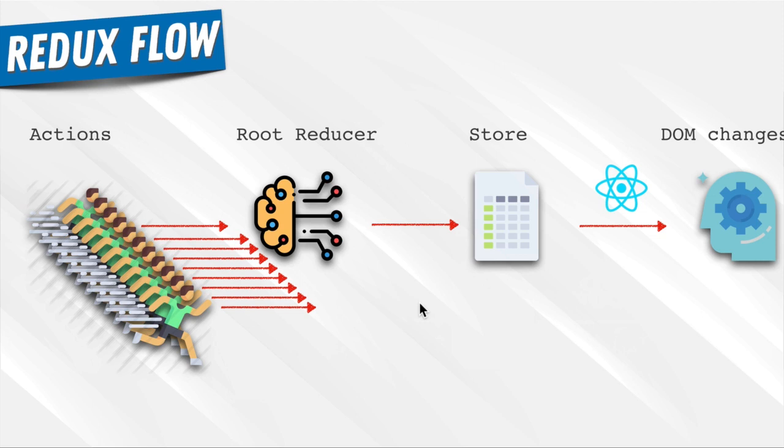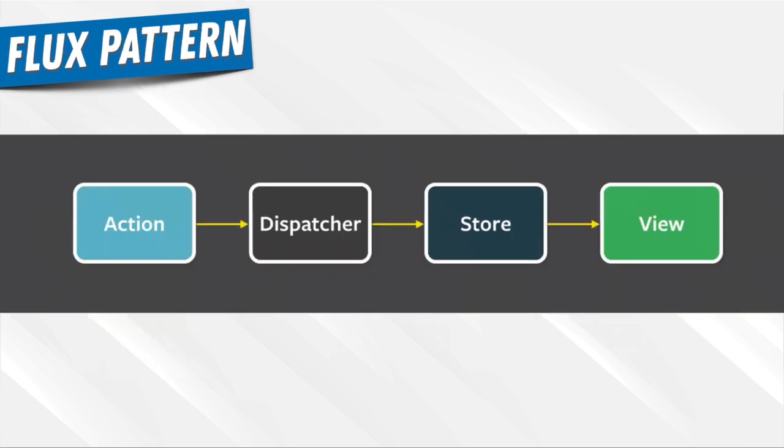Now, Redux, and I want to teach this just for historical purposes, uses an architectural pattern called the flux pattern. Architecture in software is used as a way to make sure that we're able to solve problems in a logical sense and in an organized fashion.